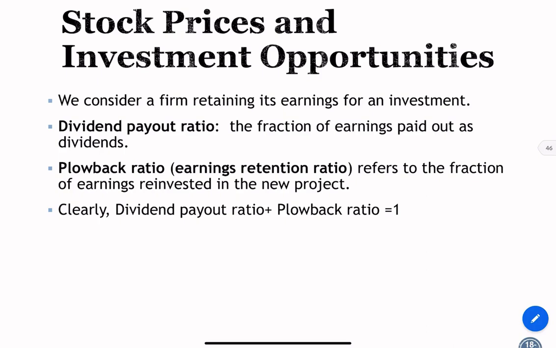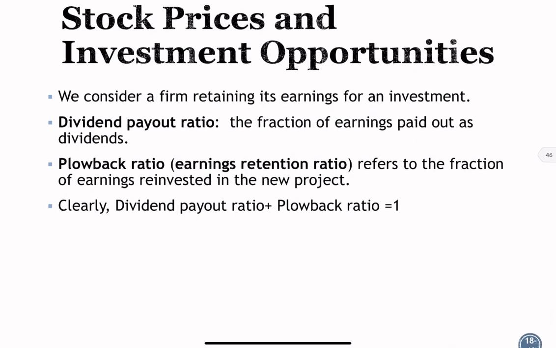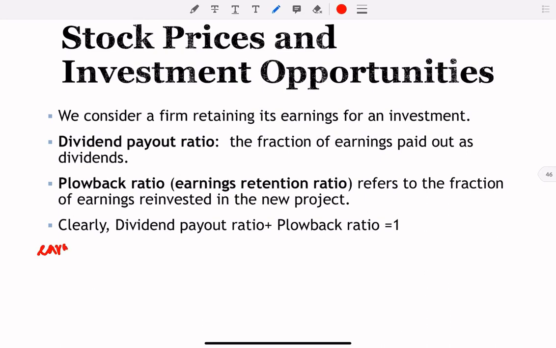So let's say you have earnings of $10. Now let's say you pay out a dividend of $4. And then the other $6, you would use to make new investment. So you would invest $6 into your firm's new projects.